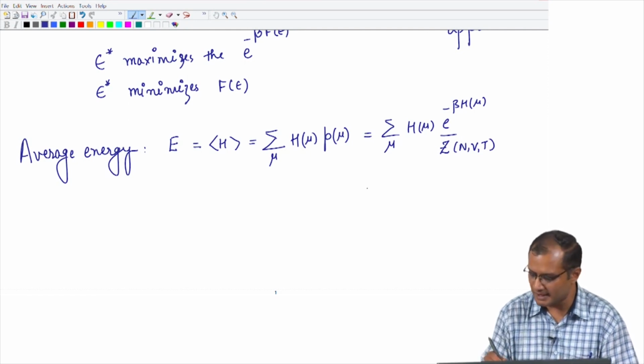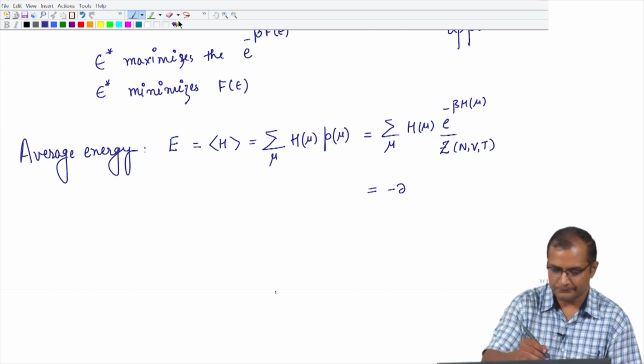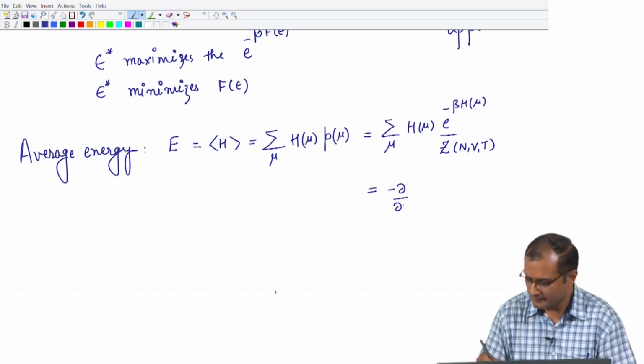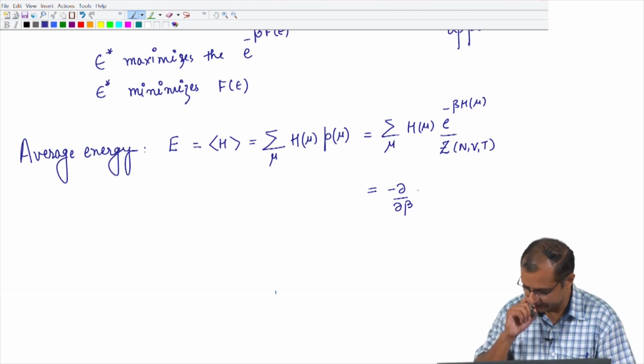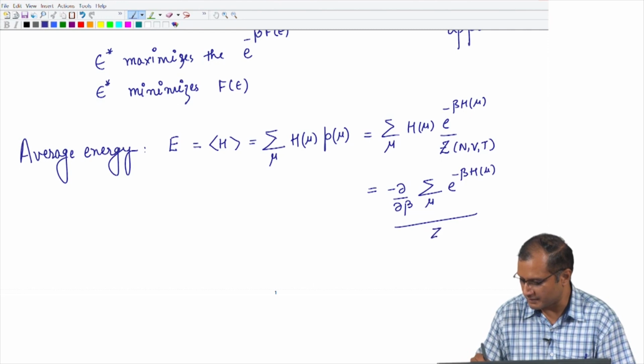And I can write this as simply minus d over d beta into summation over mu e raised to minus beta H mu over the partition function.